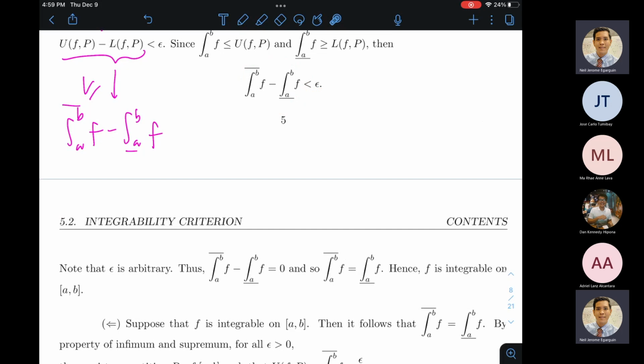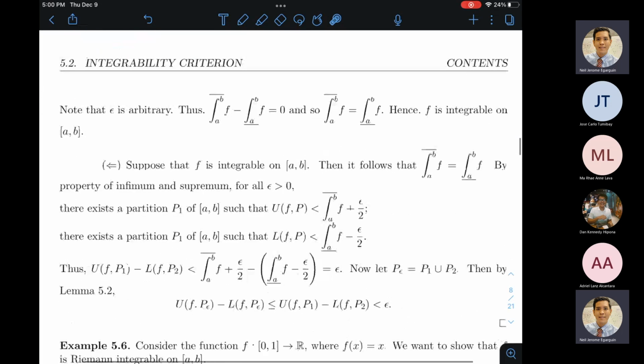Less than all epsilon greater than 0, magiging mas maliit lang yung non-negative number na yon sa lahat ng epsilon na mas malaki kay 0 kung yung non-negative number na yon ay eksaktong equal kay 0. So therefore, we should conclude that the upper Riemann integral minus the lower Riemann integral should be equal to 0. And there we go. Equality between the two Riemann integrals. And by definition, function f is Riemann integrable on the closed interval [a,b]. All right?